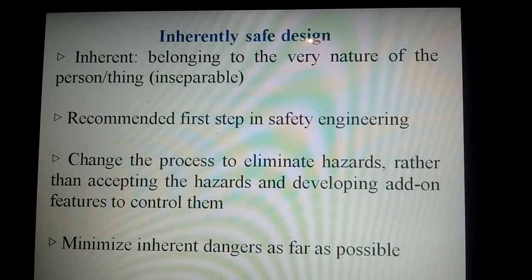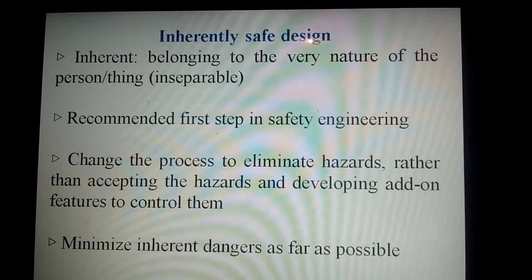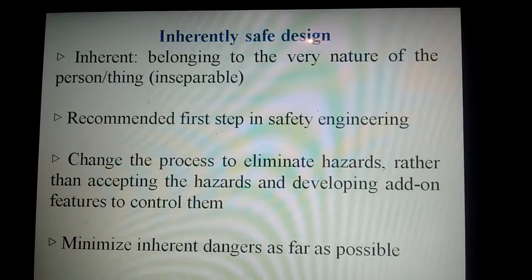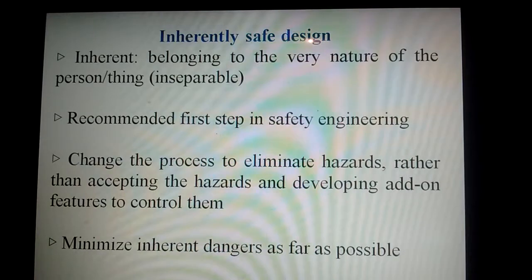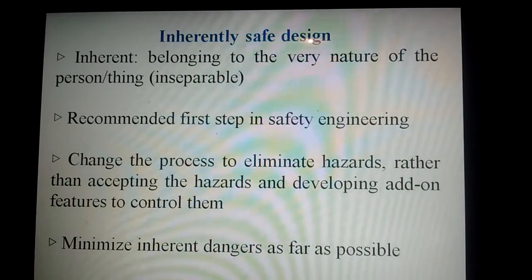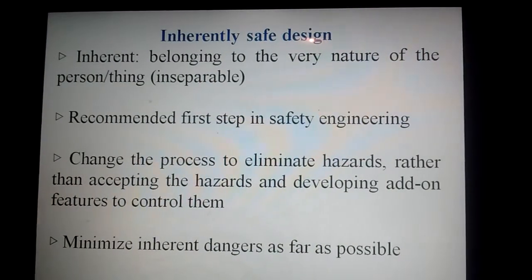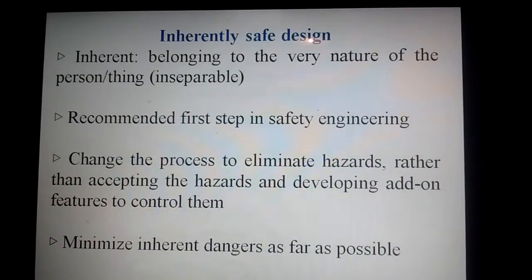Now we come to inherent safe design. Inherent means belonging to the very nature of a person or thing. It is the recommended first step in safety engineering. For example, change the process to eliminate hazards rather than accepting the hazards and developing add-on features to control them. Unlike engineered features, inherent safety cannot be compromised.